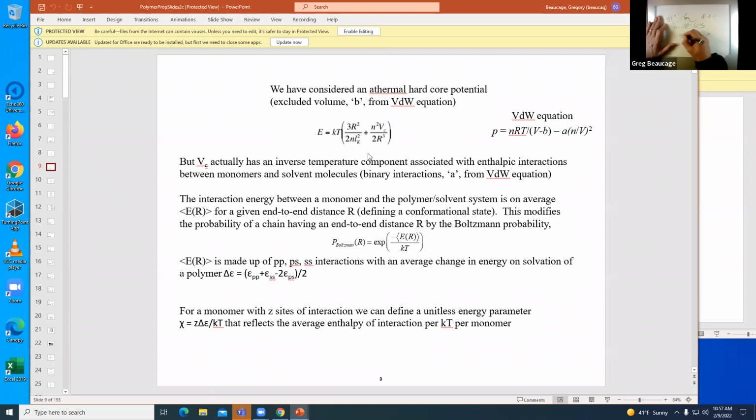And that gives you the per temperature, per mer unit average energy of interaction, which Flory called the chi parameter, which is almost the same as a thing called the Hildebrand parameter, which was called omega before that for non-polymer systems. So it wasn't a new idea to have this average energy of interaction.